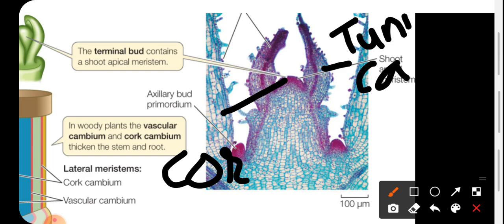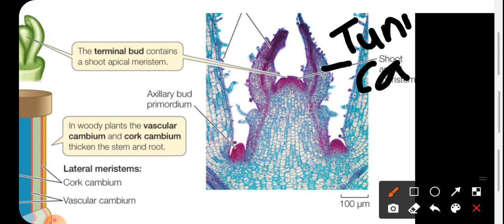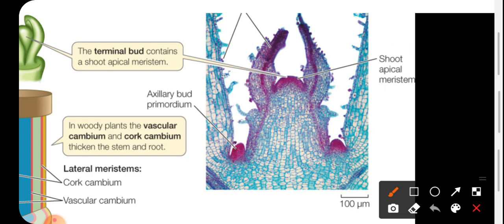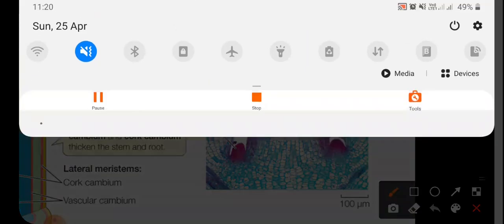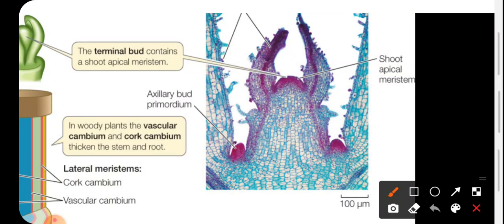The tunica may be composed of one to several layers of cells. The cells in the tunica region divide in a plane perpendicular, or anticlinal, to the surface of the meristem. And the tunica gives rise to the outer layer of the plant body, the epidermis.